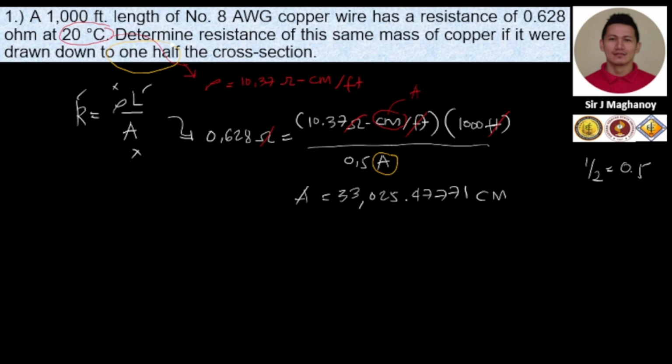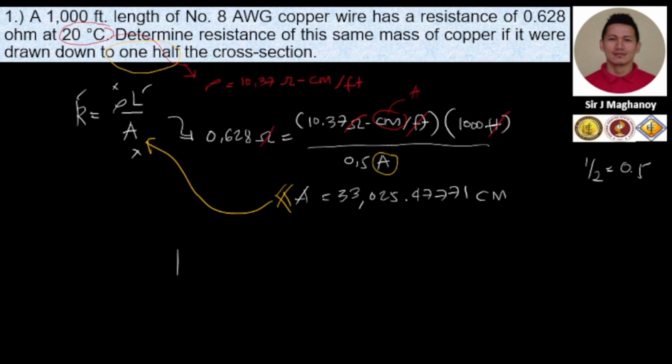Now, we are asked to determine the final resistance when the cross-sectional area is drawn down to one half. So let's substitute the determined value of our cross-sectional area back to the formula.